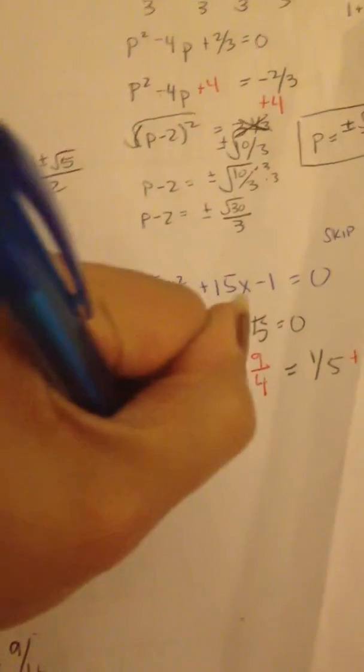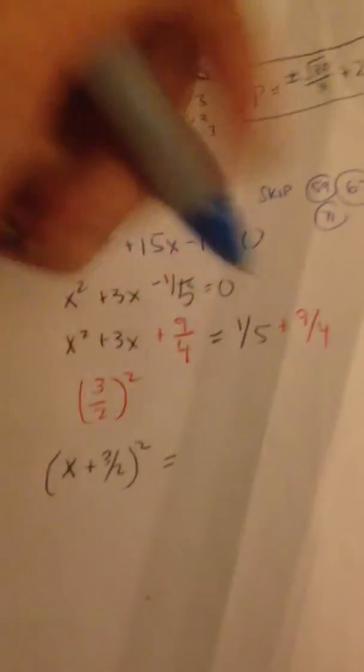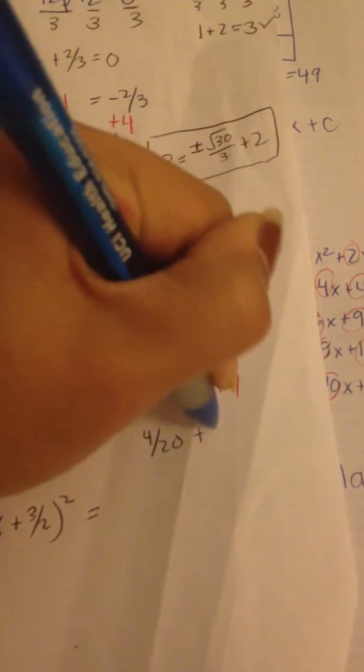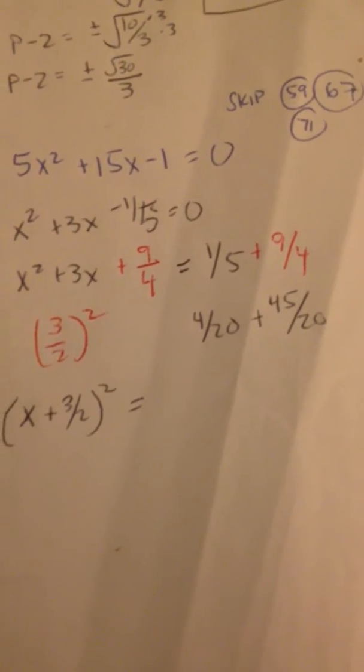So then our square on the left side is going to be x plus 3 halves squared equals 1/5 plus 9/4. I know that's going to be 4/20 plus 45/20, I can't even do math right now. Yes? So that's going to give us 49/20.